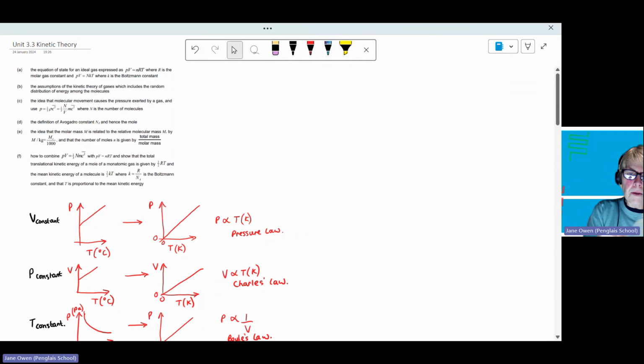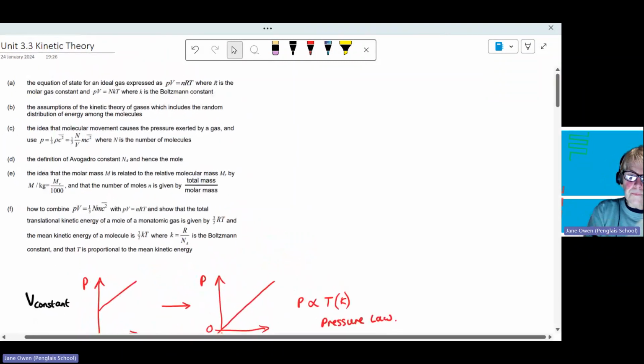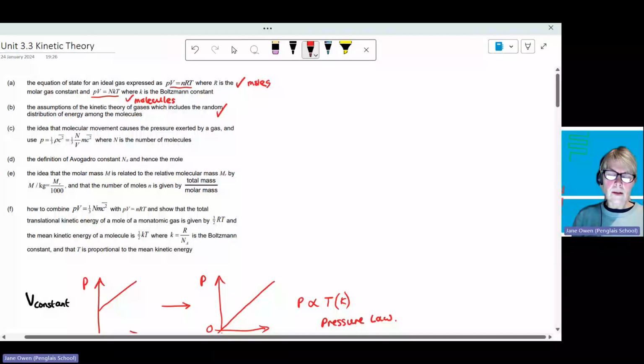We've looked at PV equals nRT and PV equals NkT, one for moles and one for molecules. We've looked at the 4 assumptions of the kinetic theory of gases, and extended them a little because WJEC will accept a little bit more in their mark schemes.